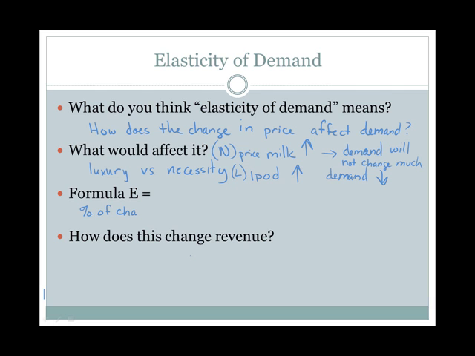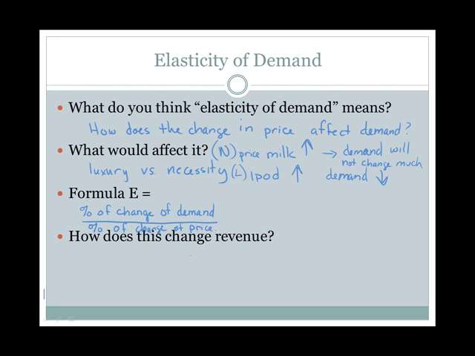The formula for elasticity, again, is based on percent of change. It is technically the percent of change of the demand over the percent of change of the price. I encourage you to read through this in the textbooks so that you can see how this formula was developed.